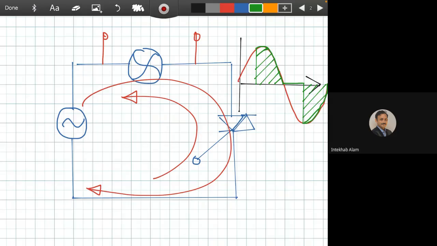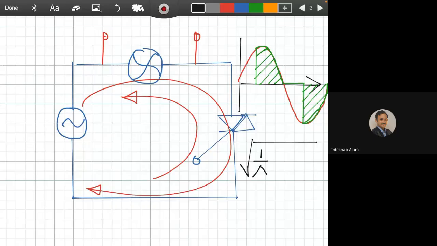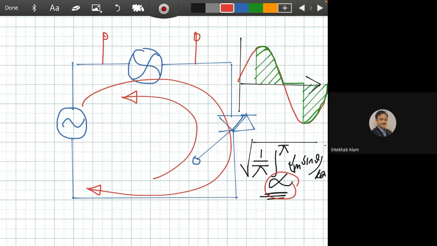If we want to calculate the RMS value, the equation will come in this format: 1 by pi, integral from alpha to pi of (Vm sin theta) whole square d theta, and this alpha is the dominant factor that defines the RMS value. So this is not my point.